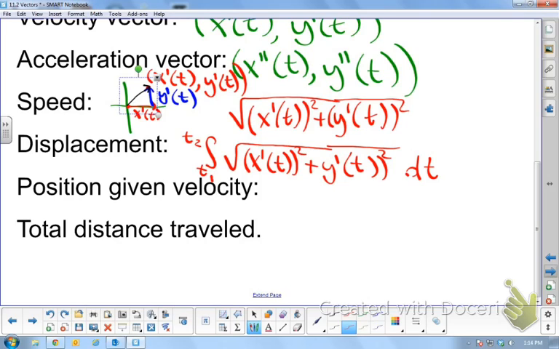So if we integrate speed, we get displacement, we get a distance from where we started to where we finished. We also may need to find position and total distance traveled, which we kind of practiced last time with parametrics.